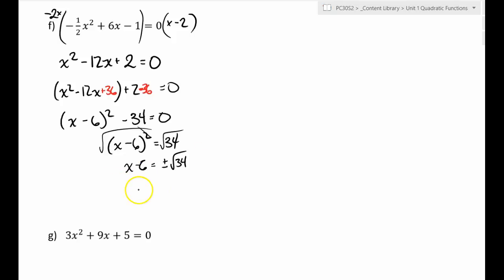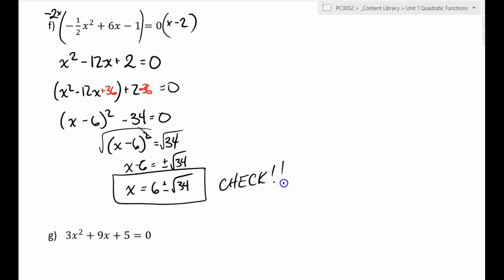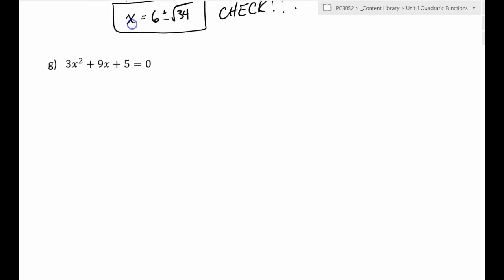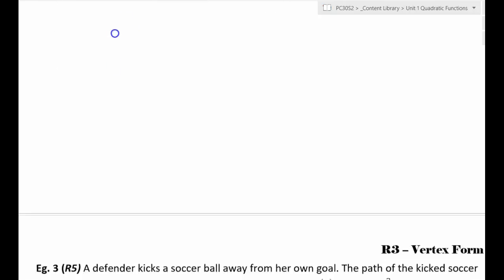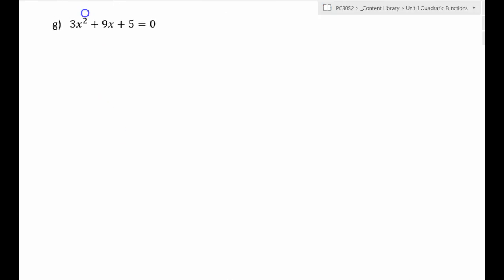So we'll leave it as that. And our final answer will be 6 plus or minus the square root of 34. But you are not done until you have checked your answer using a calculator. We've got a couple more, but this is our last part of this example.